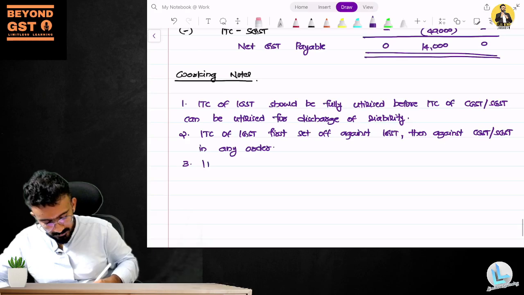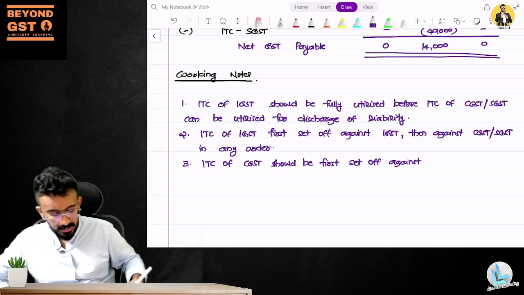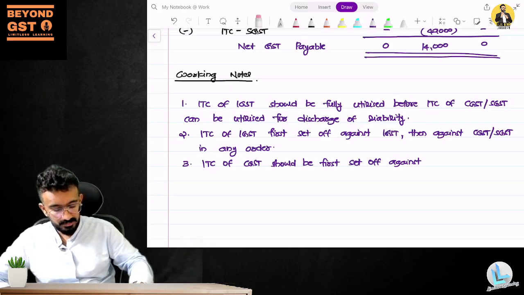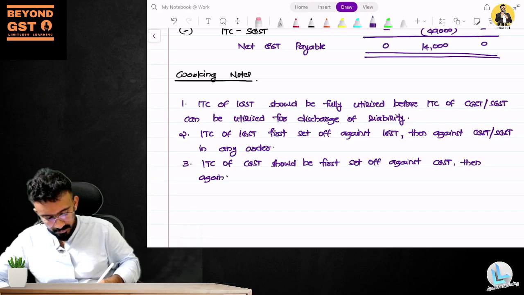Three, ITC of CGST should be first set off against CGST, then against IGST.